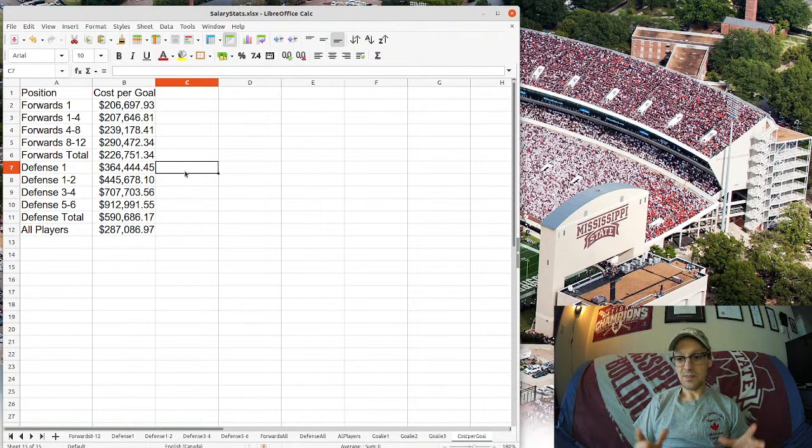And then everything else will be kind of involved as well. But yeah, so anyways, clearly forwards are way less expensive per goal. And it's the opposite for defense. They're way more expensive per goal. So interesting results there.